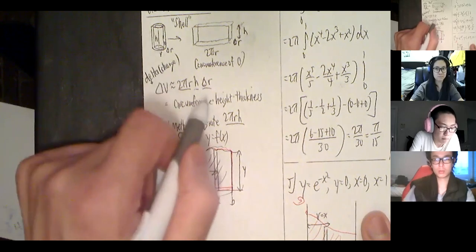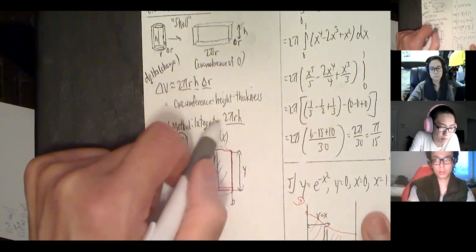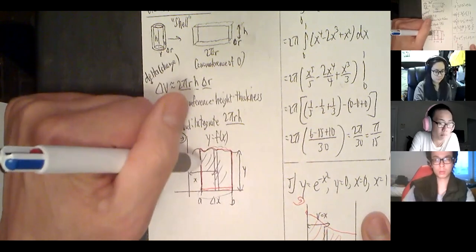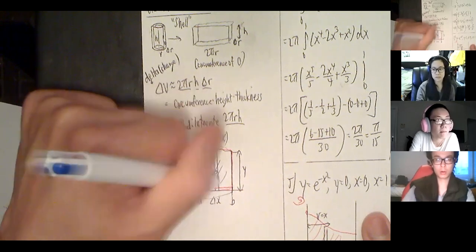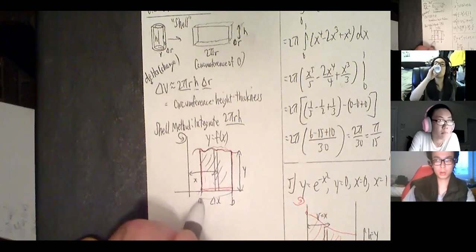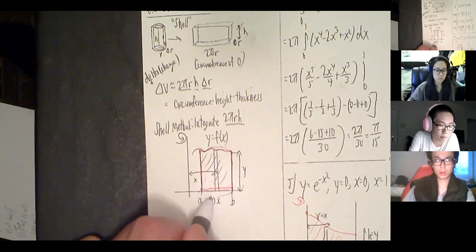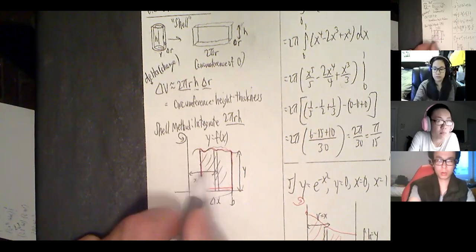So the formula would be circumference times height times thickness, 2 pi r h. And remember, there are more slices, another slice here and another here. I'm only drawing one slice, and the logic is let n approach infinity and let delta x approach 0.